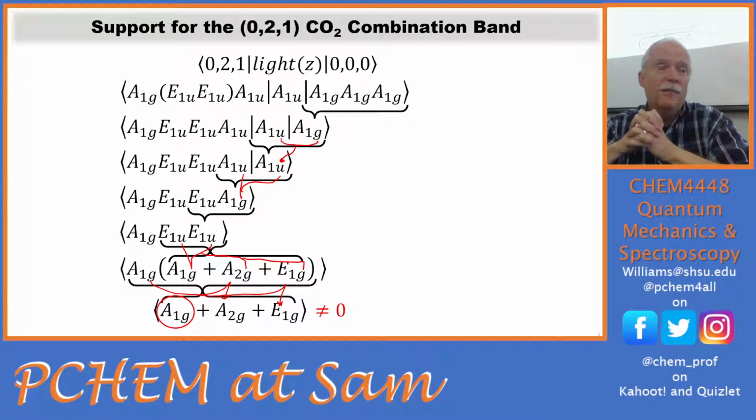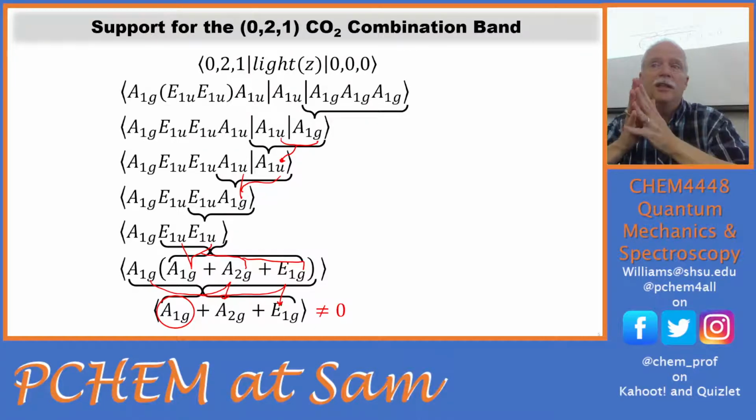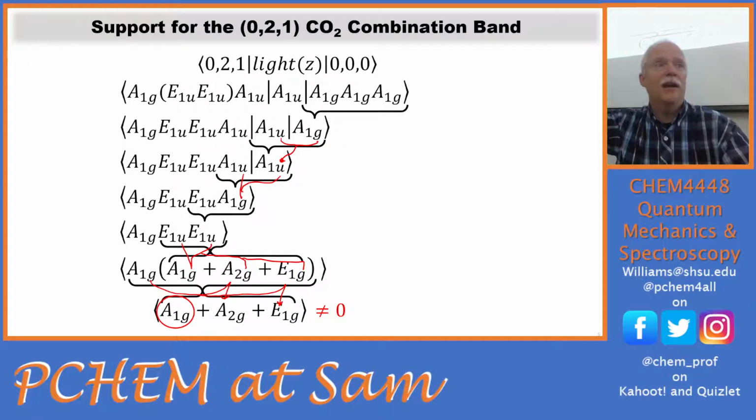So it may be possible, but the probability may be really small. And so the intensity is really the probability of this transition occurring given photons at that energy. This integral is telling us the probability of that transition happening. So a photon comes in with this energy, and if this is a big number, then it's highly probable that photon will be absorbed.